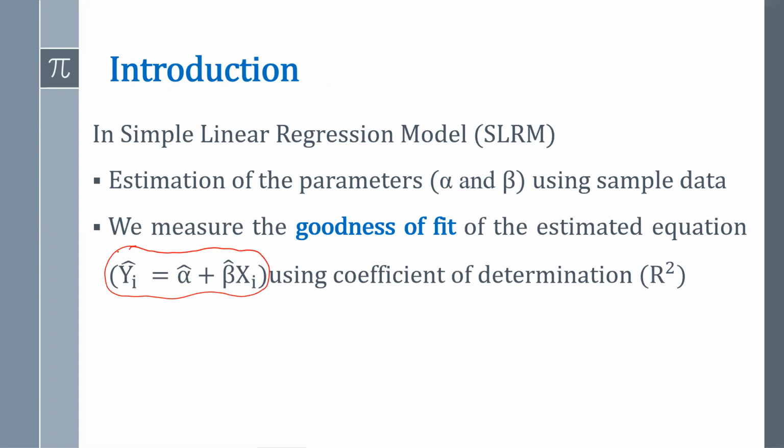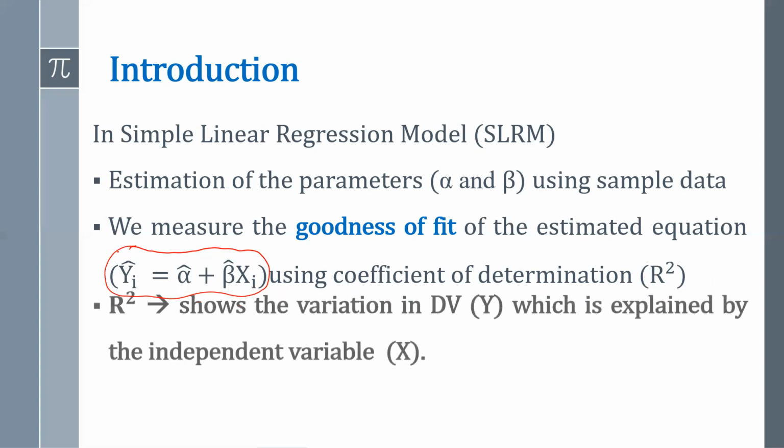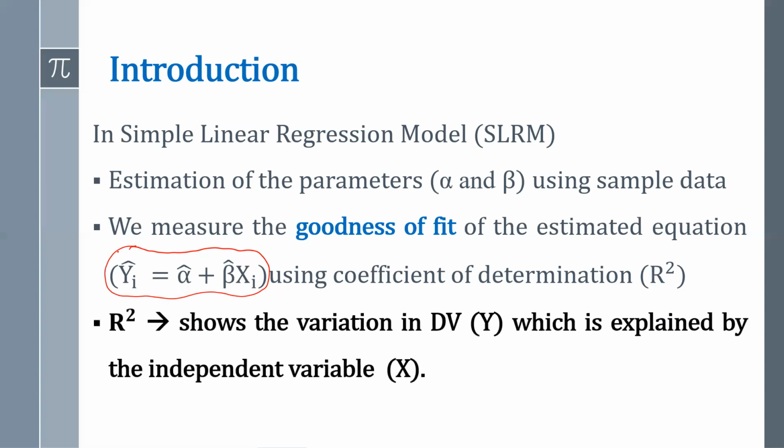So we measure the goodness of fit of this estimated equation using the coefficient of determination. Coefficient of determination shows the variation in dependent variable which is explained by the independent variable. So how much variation in dependent variable is due to independent variable, that is explained by R square.